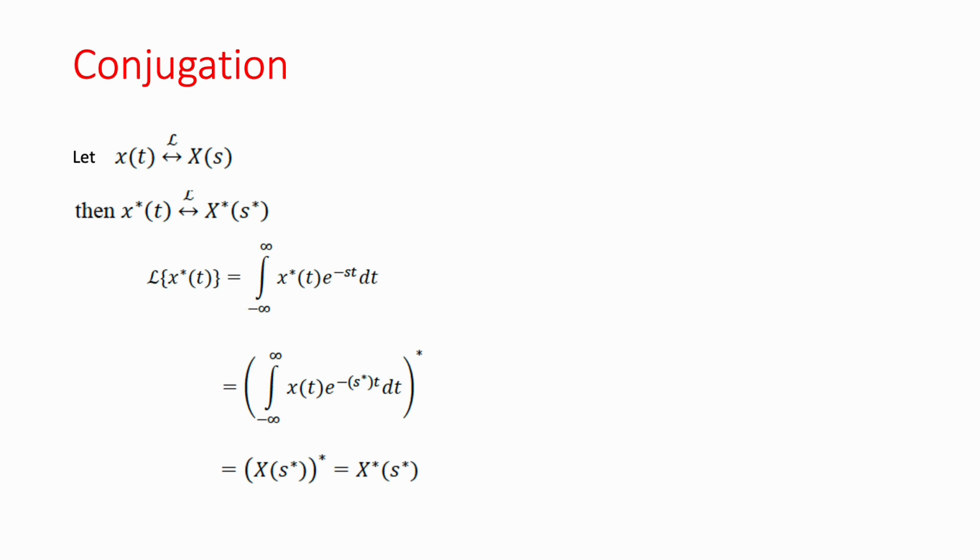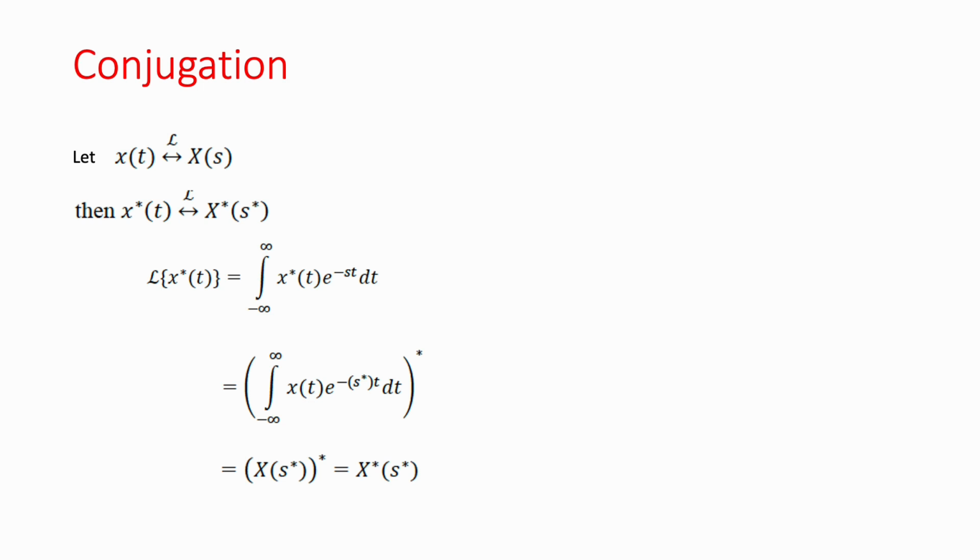Here x star, the star, denotes the conjugate. Now we want to take the conjugate from the above equation. To do that, we take the integral of x of t e power minus s t, where s is the complex variable, dt, the whole conjugate. If I take the conjugate inside, this gets cancelled, and you will get x conjugate.